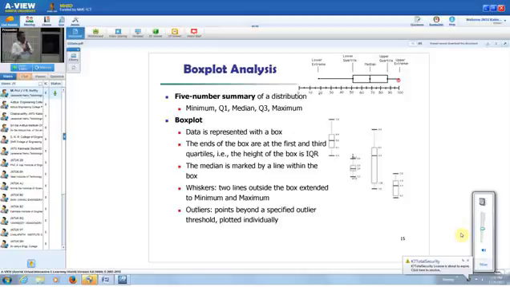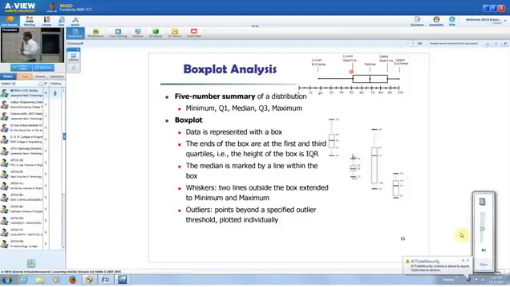Similarly, on this side, from the lower quartile, you consider 1.5 IQR, and any points beyond that are also outliers. Those represent very poor items, and the others represent the very special top items. So that is how you identify the outliers in a box plot.